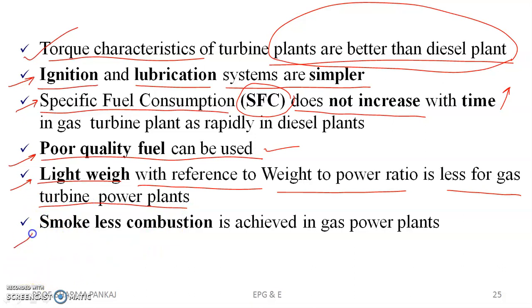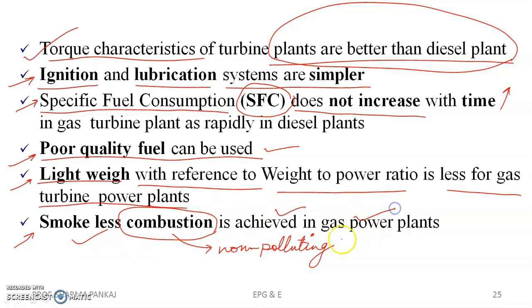The next point is also very important, and that is smokeless combustion. Combustion is non-polluting. Smokeless combustion is achieved in gas power plants.